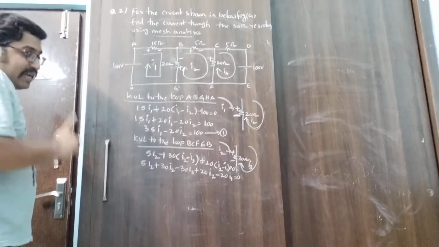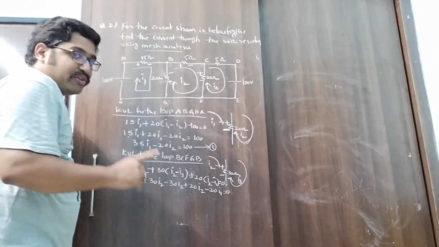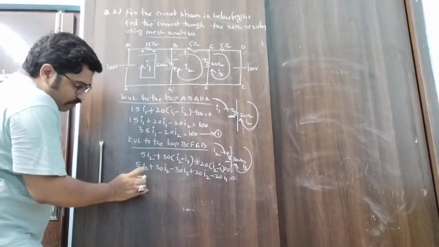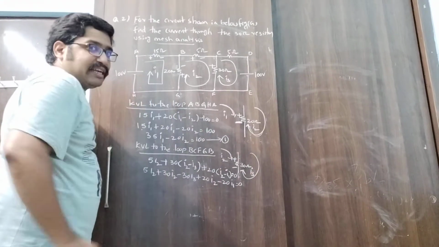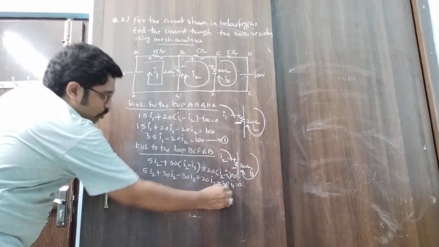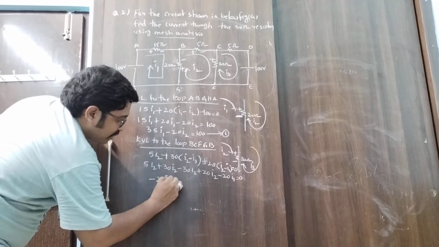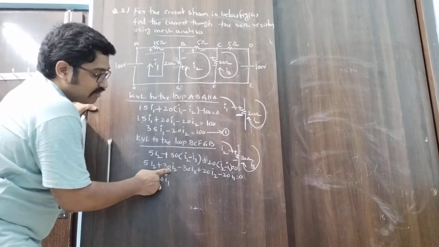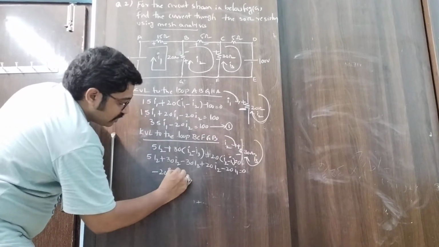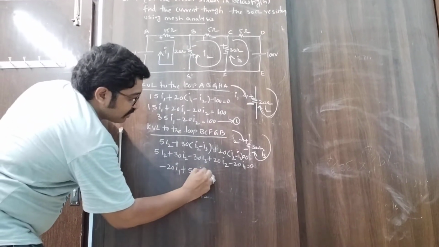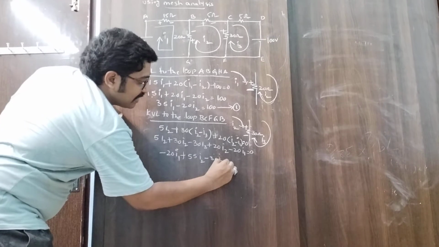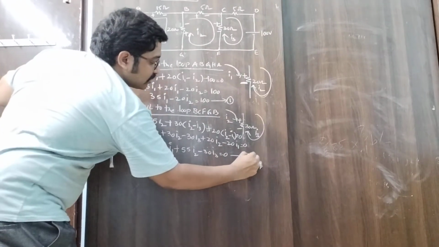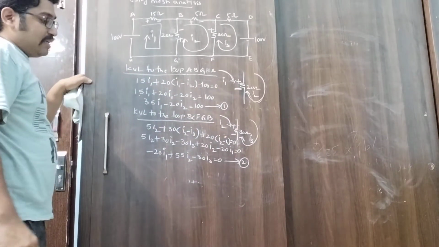When you are writing the equations, first current, second current, third current, like this you should write. So minus 20 I1. Now 5 I2 plus 30 I2 is 35 I2, 35 I2 plus 20 is 55. So minus 20 I1 plus 55 I2 minus 30 I3 is equal to 0. This is the second loop.